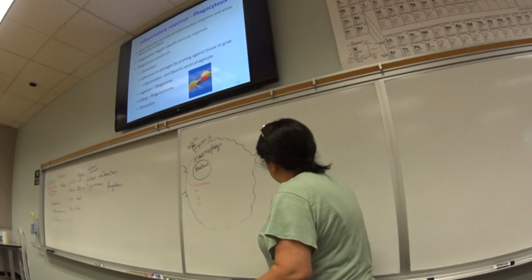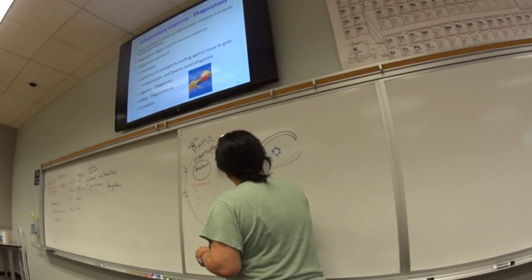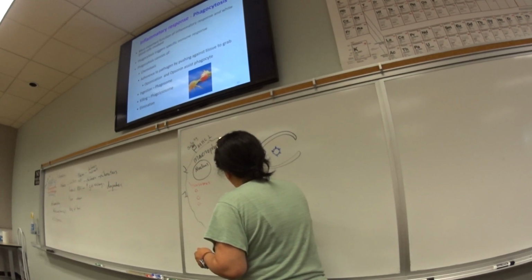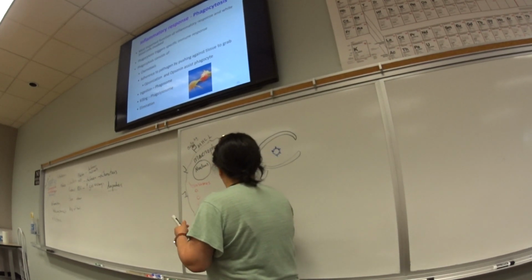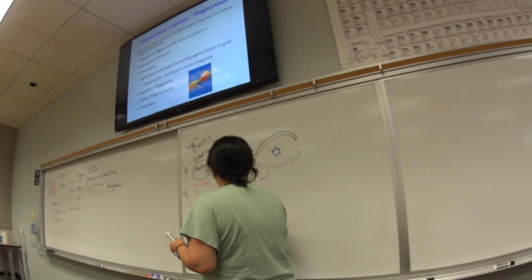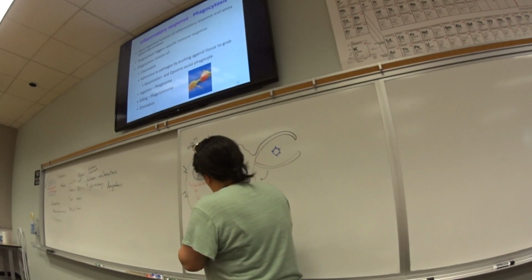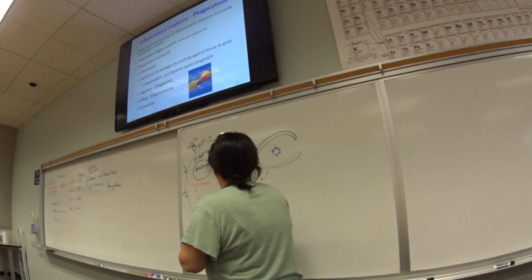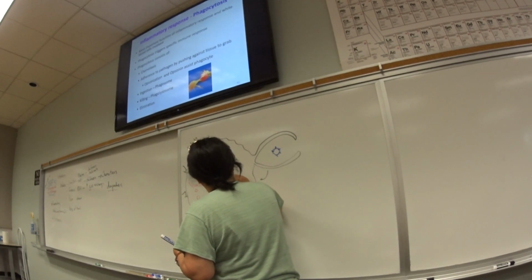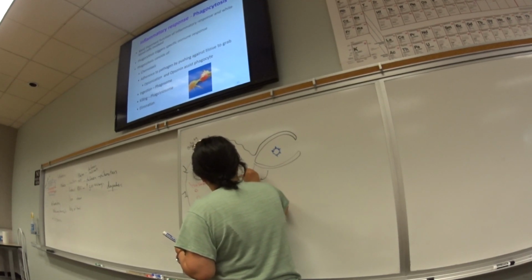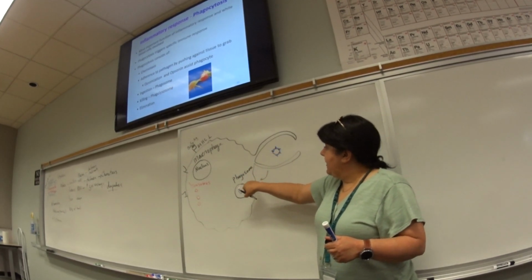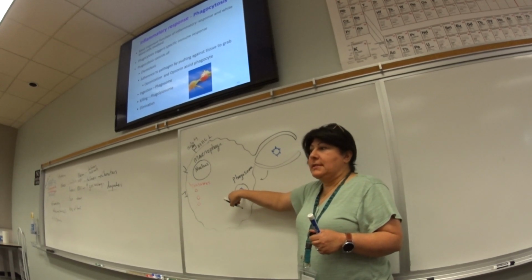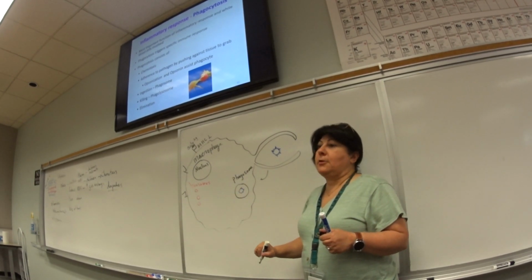Once it surrounds it, it's going to come in as a little vesicle, so it pinches it off, engulfs it, and it comes in as a little vesicle. We refer to this as phagosome. So in phagocytosis, once the pathogen is inside, we refer to this vesicle as phagosome.